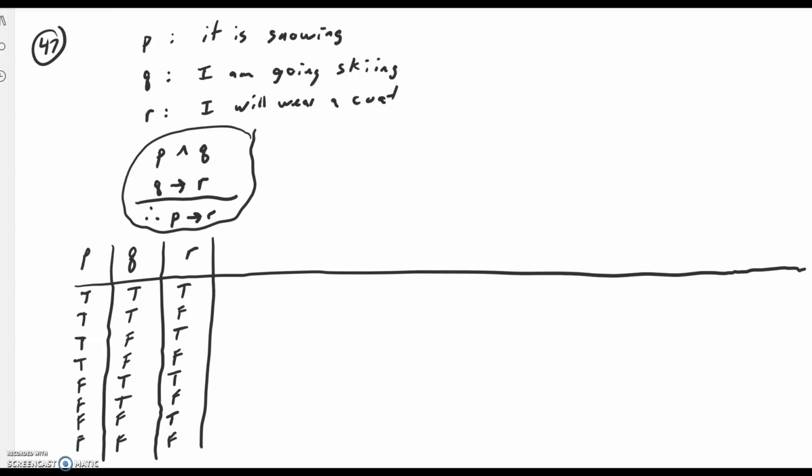All we know at this time is the idea of a truth table, so I've set up the truth table for P, Q, and R, and then I'm going to create the argument that we're going to try to prove. And so P and Q is one of the two assumptions or premises, and Q implies R is the second one, and together that implies the conclusion.